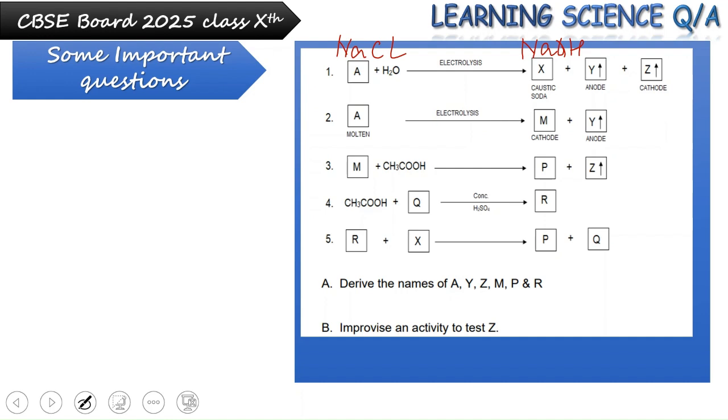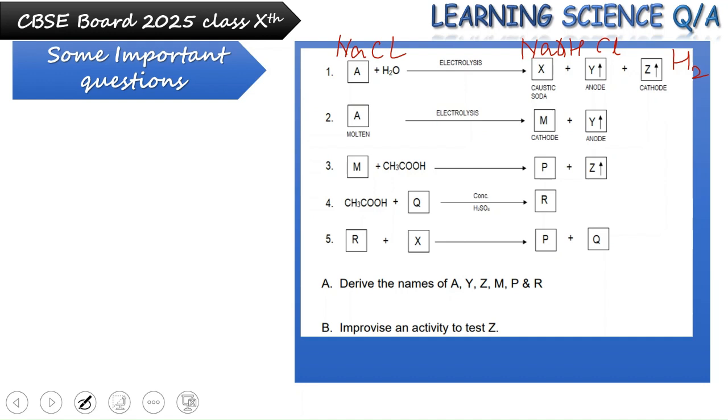And when NaCl is undergoing electrolysis, NaOH or caustic soda is produced along with chlorine liberated at the anode and H2 or hydrogen gas liberated at the cathode. So this is how we will complete our first reaction.